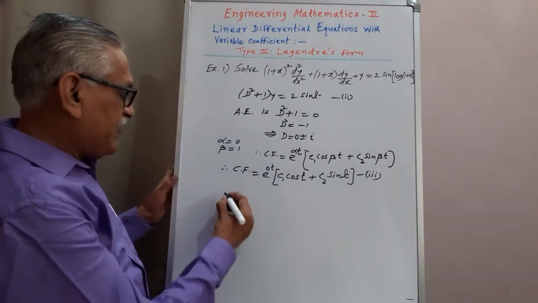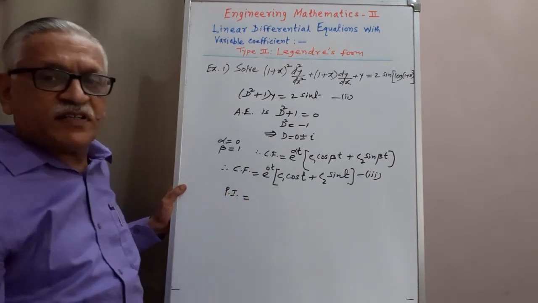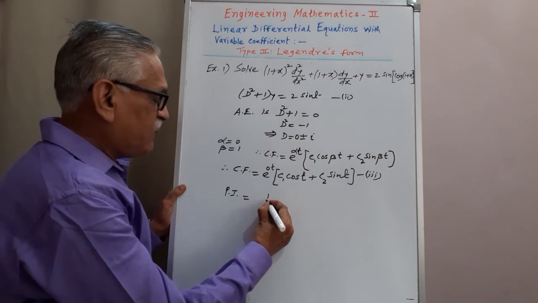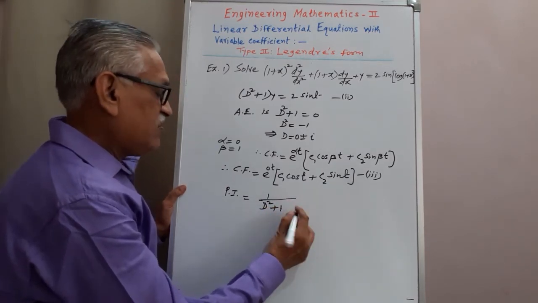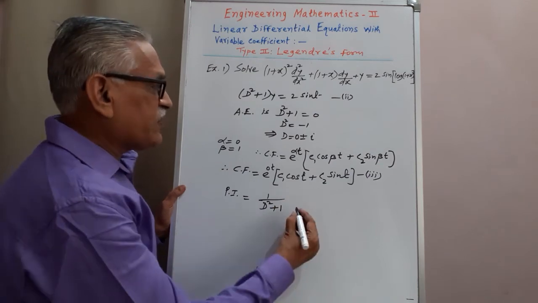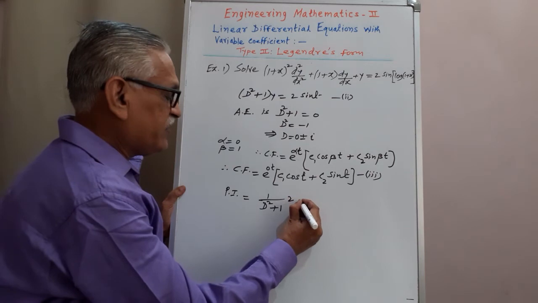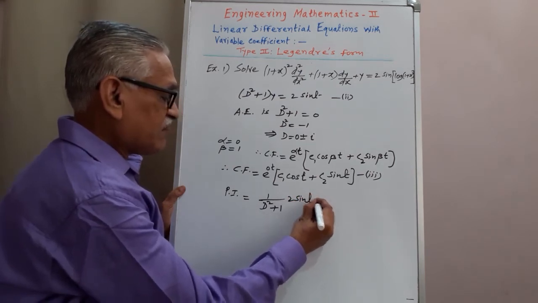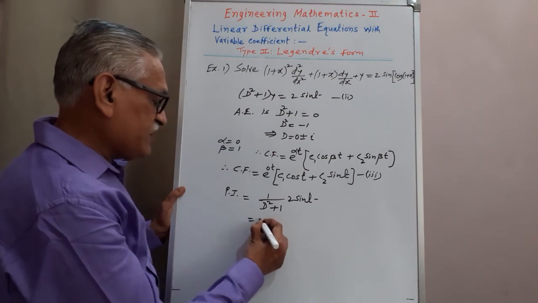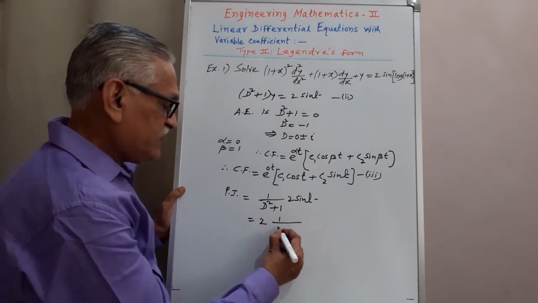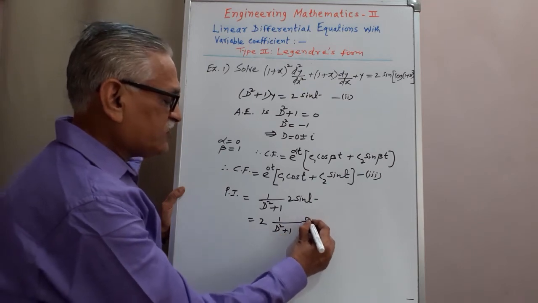And then the PI part. It is by the inverse operator technique. It is 1 upon D square plus 1, which we have to operate on the right hand side term, that is phi of x. Here it is 2 sin t. The constant 2 we take out before the operator, therefore 2 times 1 upon D square plus 1 operated on sin t.